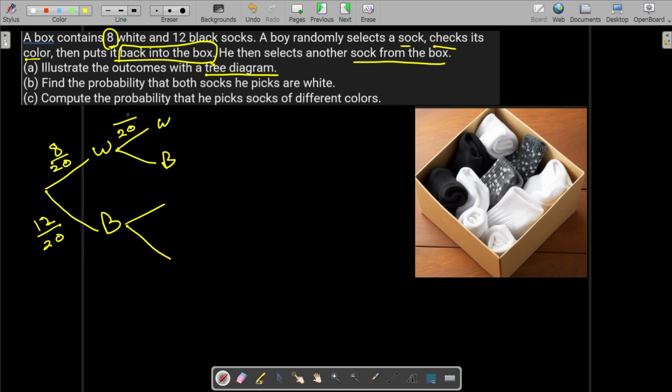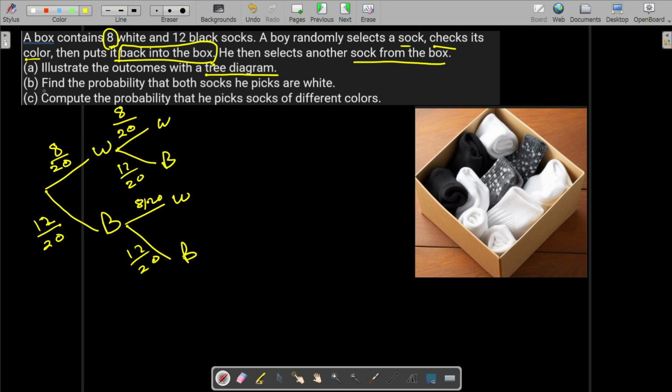So the probability of white here is going to be 8 over 20, and here 12 over 20. Nothing is going to be changed over here. So this is 8 over 20, and here 12 over 20. And this is your tree diagram, which you are going to use to solve question B and C.